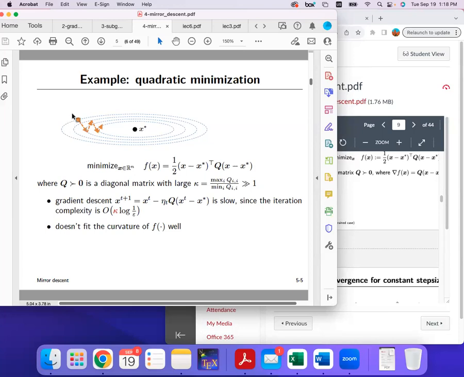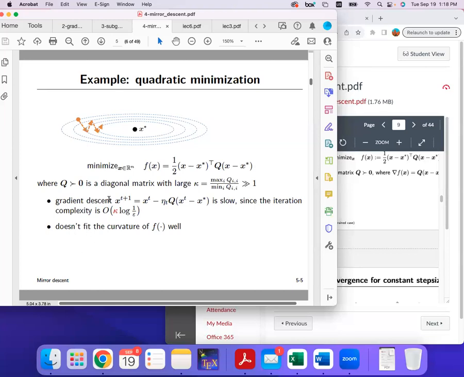And this will cause a lot of issues because you cannot pick a large step size to implement the algorithm. If you take a large step size, very easily you will cross the line and jump to somewhere that has a higher objective function value. So this is the problem.